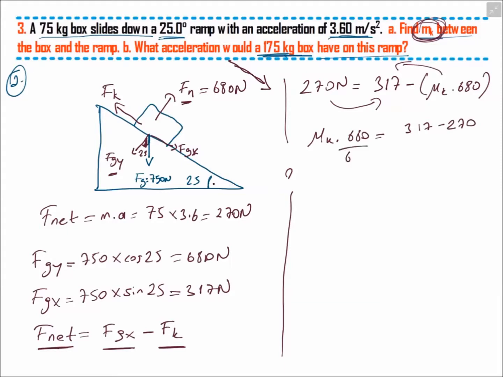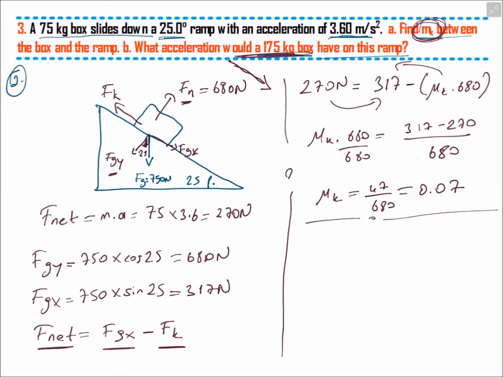If we divide both sides by 680, we will obtain mu k. And the mu k equals 47 over 680. So it will be 0.07.